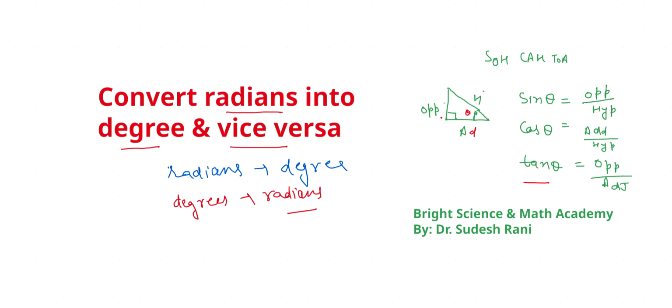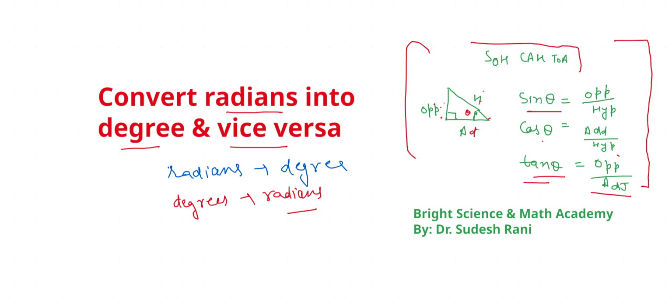Sine theta is equal to opposite side upon hypotenuse, cos theta is adjacent side upon hypotenuse, and tan theta is opposite side upon adjacent side. We covered all of this in our previous lecture, and I have described it already.